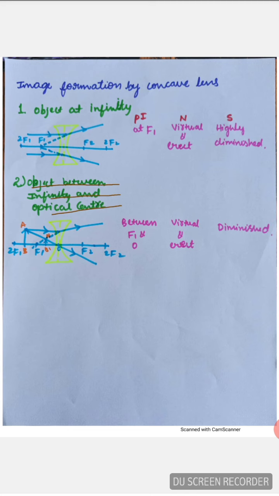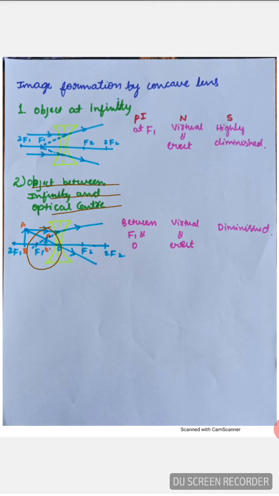When we place the object between infinity and optical center, from the object AB, one ray will diverge like this. One ray you take passing through optical center. When you draw this divergent ray backward, it is meeting at this point. You can see the size of the image, it is diminished.